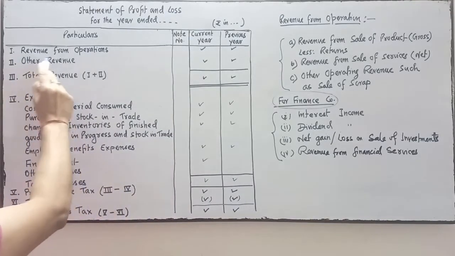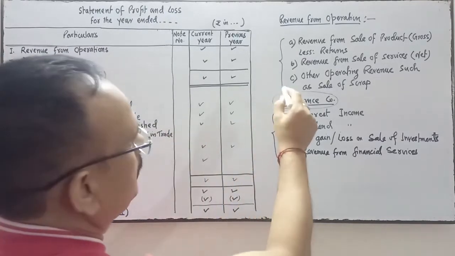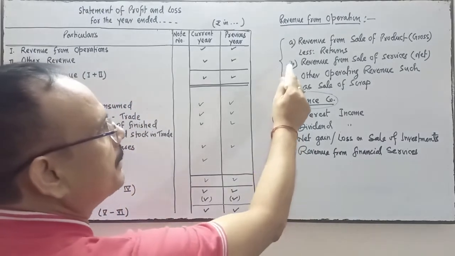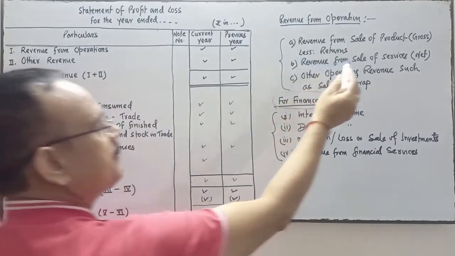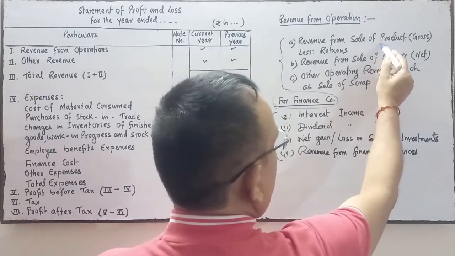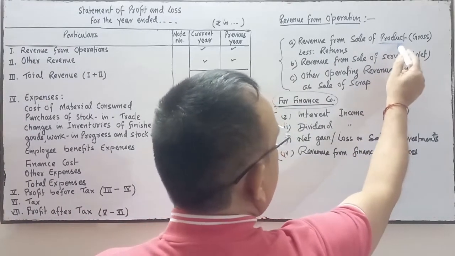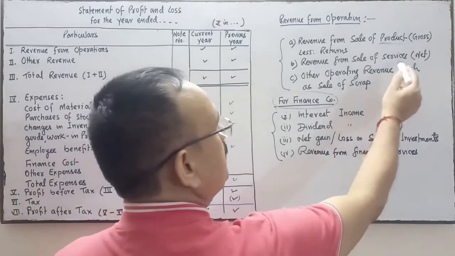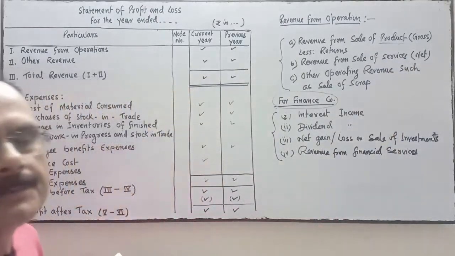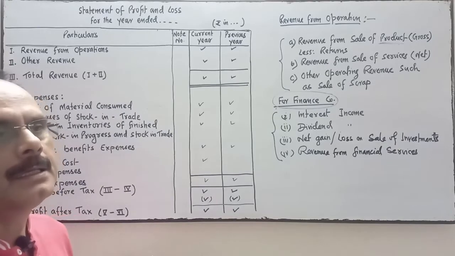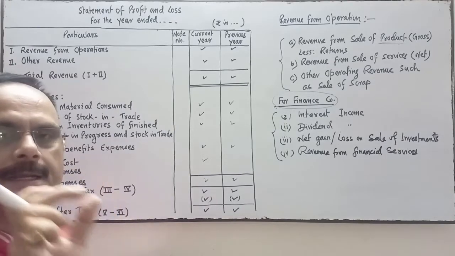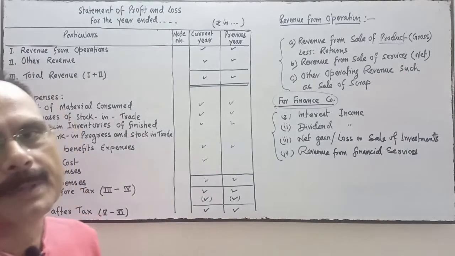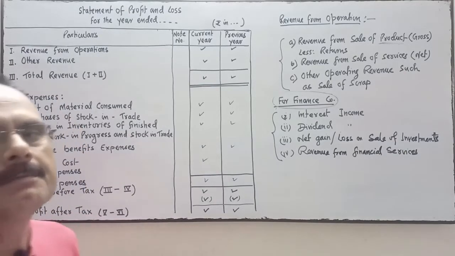So under the revenue from operation, if it is a finance company, then these four will come, and if it is another company manufacturing goods, then this will come, and if it is a service industry, then revenue from sale of services, and any other operating revenue such as sale of scrap.